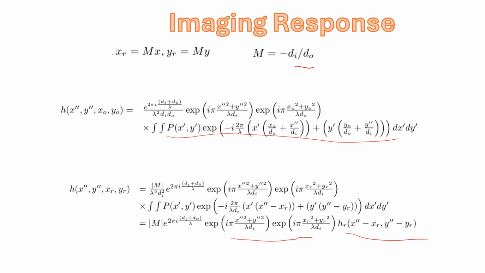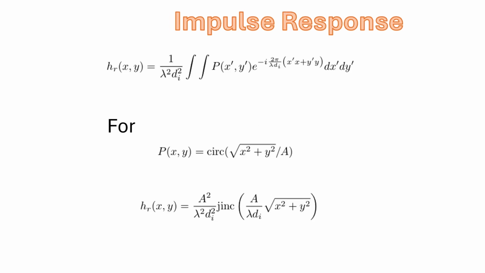So this h sub r is the Fourier transform of the pupil function evaluated at the spatial frequency x over lambda d_i, or x over lambda f if d_i happens to be the focal distance. Commonly, the pupil function we assume to be a circular function with radius, or with diameter a.